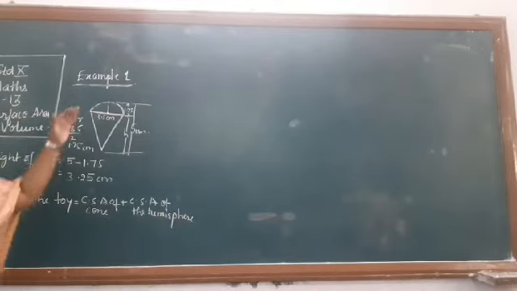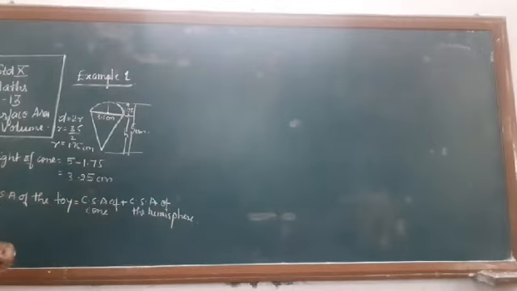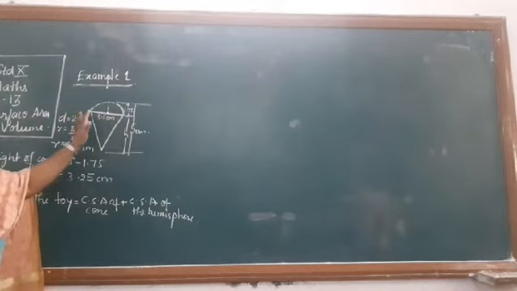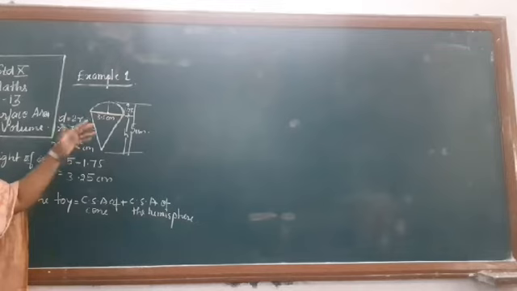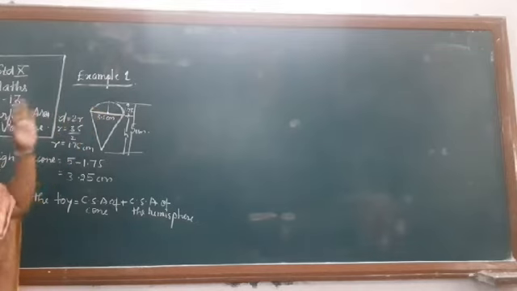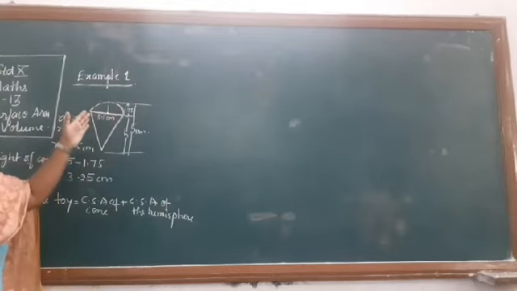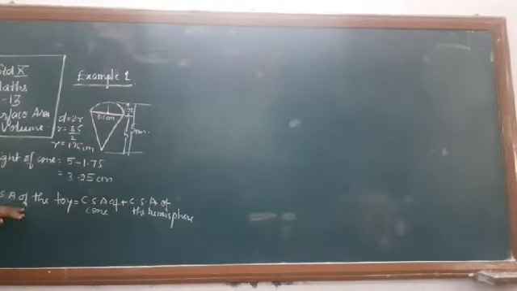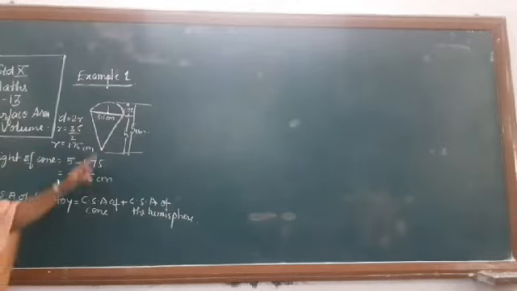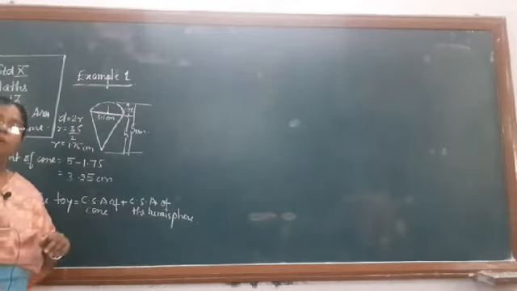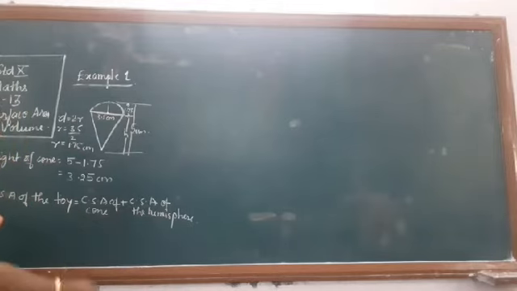Should I take it as total surface area of cone and total surface area of hemisphere? No, because this is a combined figure. So this particular part which is the base of the cone and the hemisphere, that part is not there. Okay, it's a combination of the figure, no? So total surface area of the toy will be the curved surface area of the cone plus the curved surface area of the hemisphere.